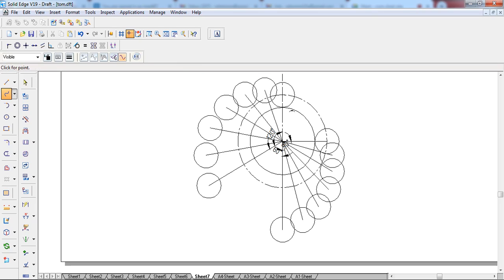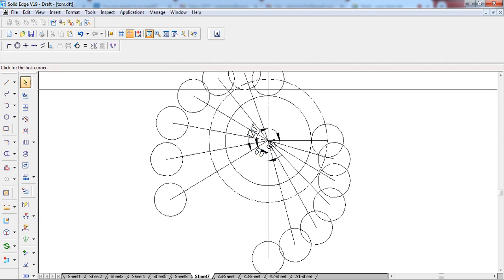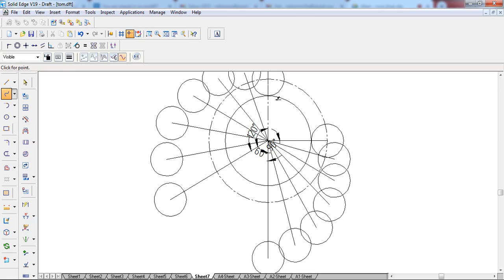Starting from this point, you take the tangent to these circles, and complete the profile like this.